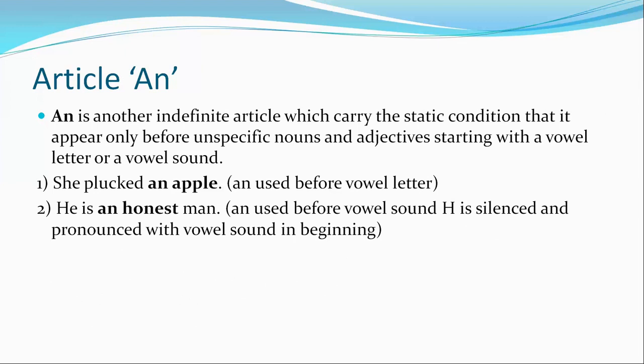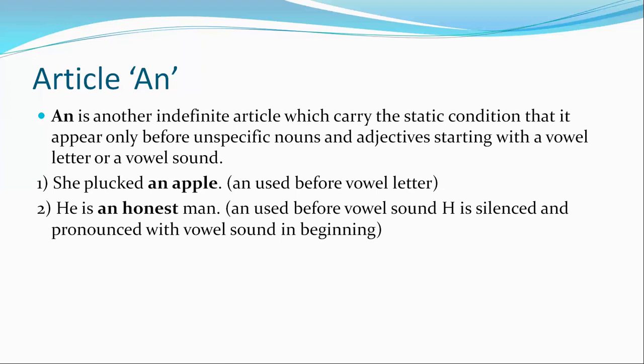Taking the second example, he is an honest man. Here this article an is used before an adjective, that is honest. It is defining the noun. So here you may have the same doubt that this word begins with a consonant letter, but we are putting the article an before this.